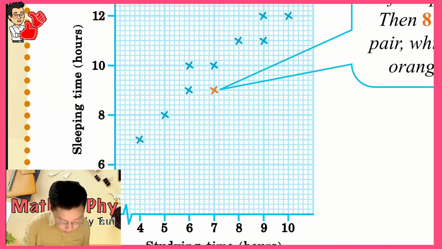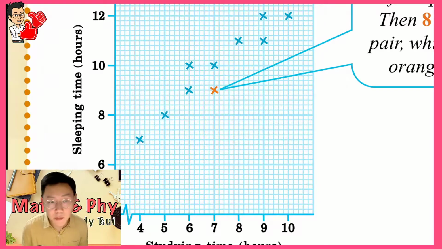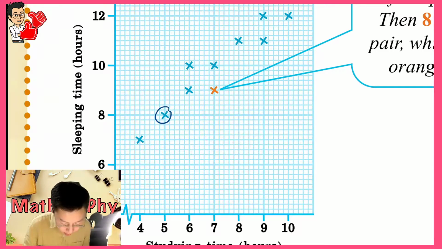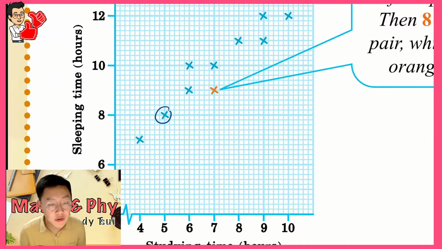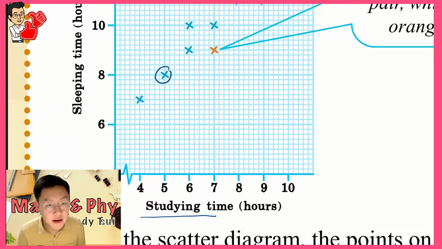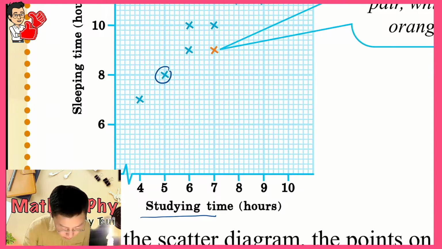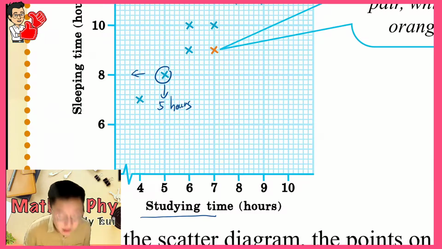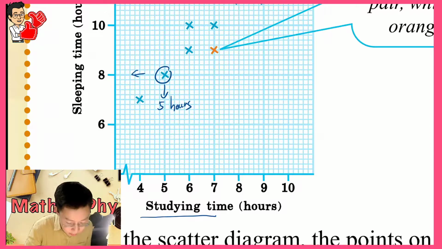Now let's look at one of the points of this scatter diagram. For example, this point shows you that if the starting time is 8 hours, the sleeping time can be 8 hours.